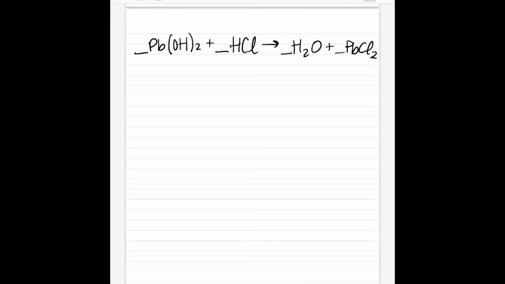So again, we're going to list every element we see. We've got lead, we have oxygen, we have hydrogen, and we have chlorine. Something that's kind of important is this is the first time that we've had a polyatomic in parentheses, right here. There's a trick where you can leave OH together when you write these down.